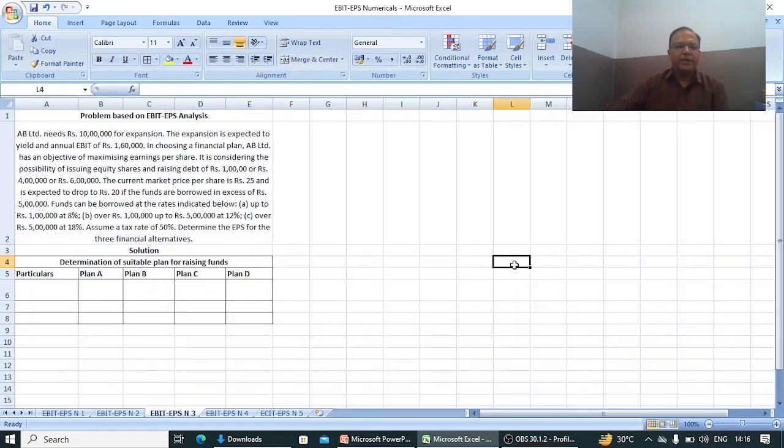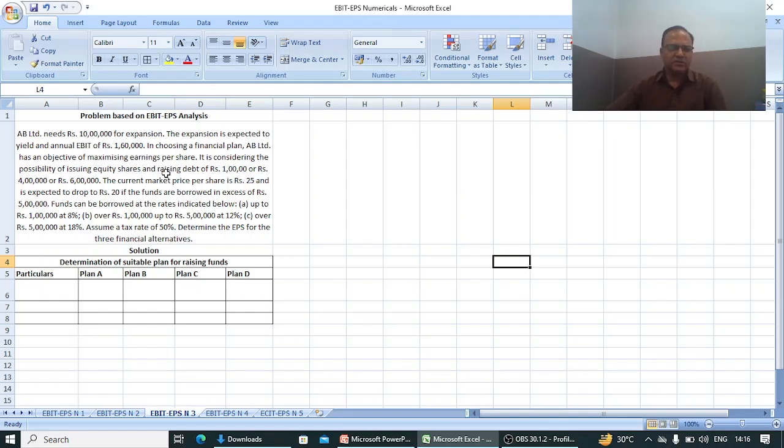AB Limited needs rupees 10 lakh for expansion. The expansion is expected to yield an annual EBIT of rupees 1,60,000.